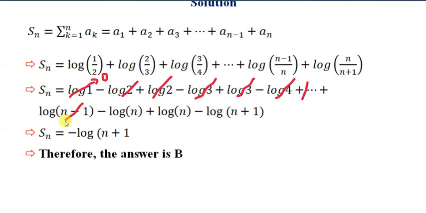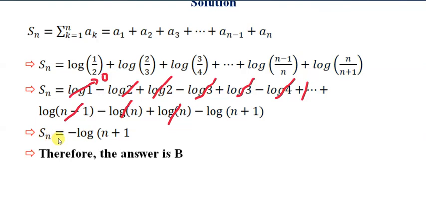And then these two are also cancelled, because the same term with opposite sign is in front of it, and therefore they cancel each other. And also here, minus logarithm of n plus logarithm of n gives us 0. Now we are left with minus logarithm of n plus 1. Everything else is eliminated.